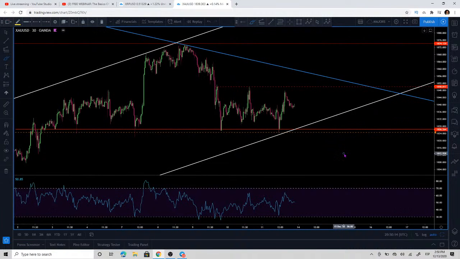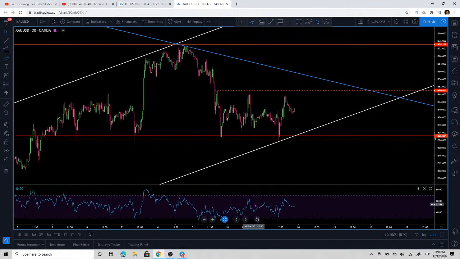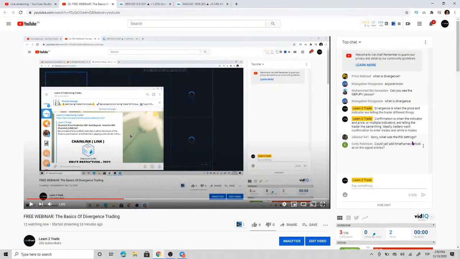So it's looking quite bullish, this market. There's no setup for me right now, but it's looking bullish. So that's how I use divergence. Yes, I do use it for trading, but more as a directional tool in the market.